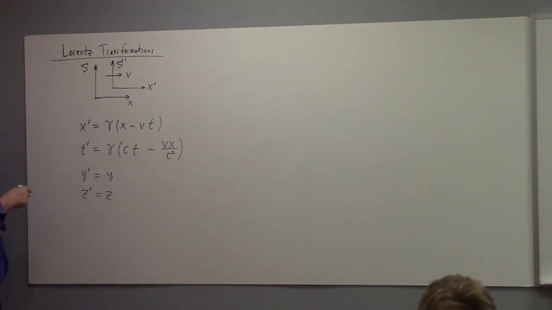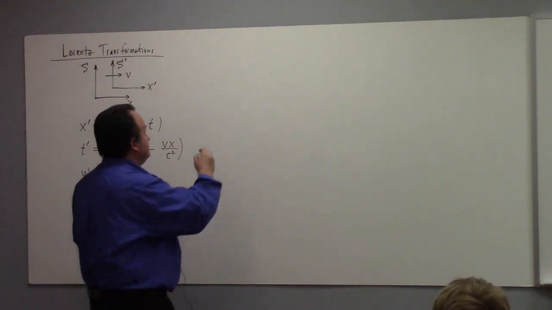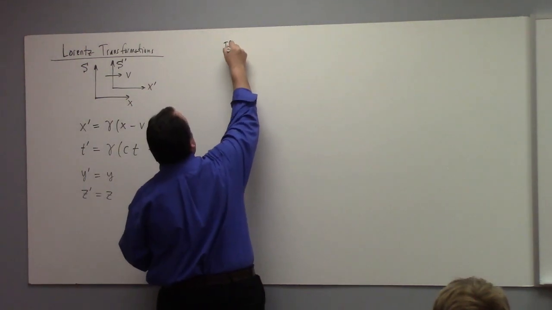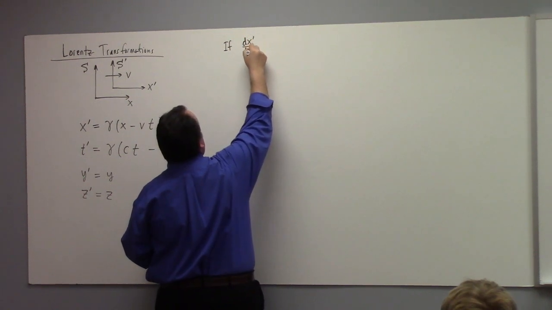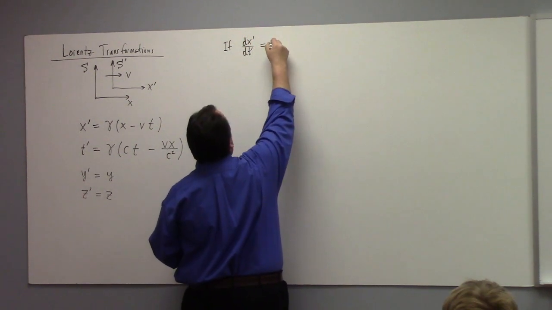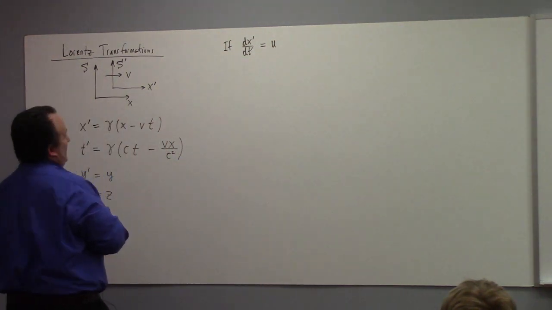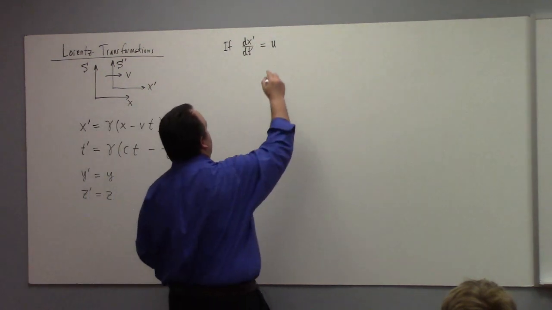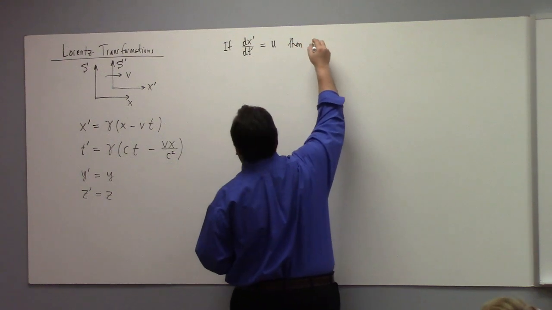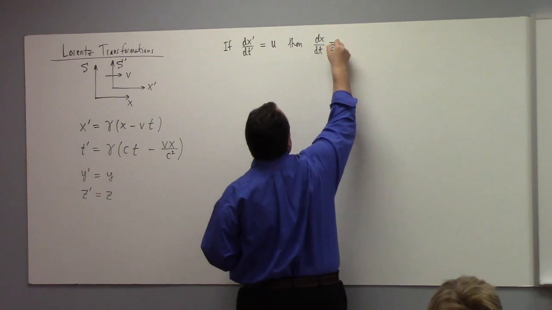We found that if you were going velocity u in the moving frame, so if dx prime dt prime was equal to u, let's say, I might even call it u prime, but I didn't last time, so let me just leave it as u. Then what was the corresponding dx dt? We worked it out.